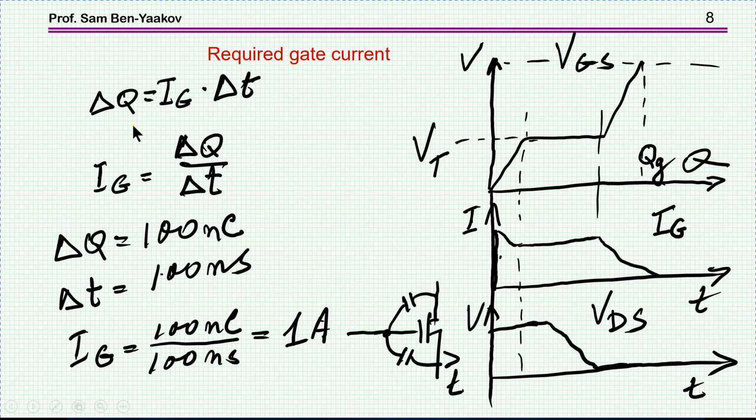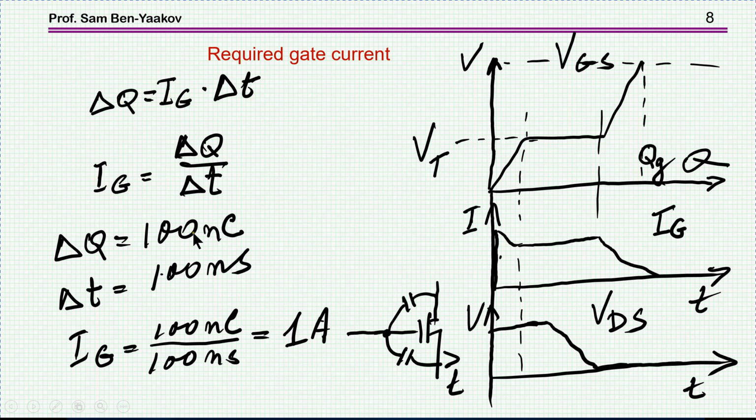So we can write here that the delta Q needed, and let's consider the total Q, gate charge, is the average current during this period, times delta T. Ig, or the current times delta T is delta Q. Therefore, the amount of current that we need is this delta Q, which is given in the data sheet, divided by delta T that we wish.